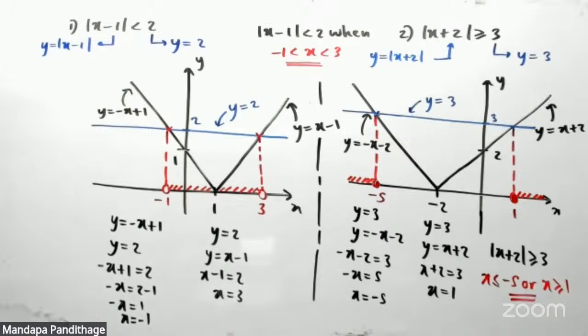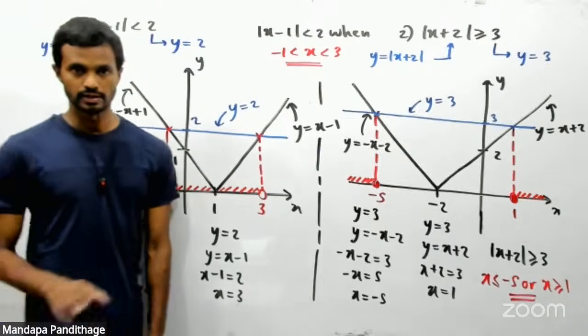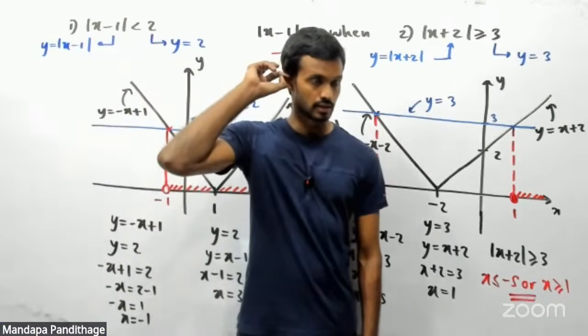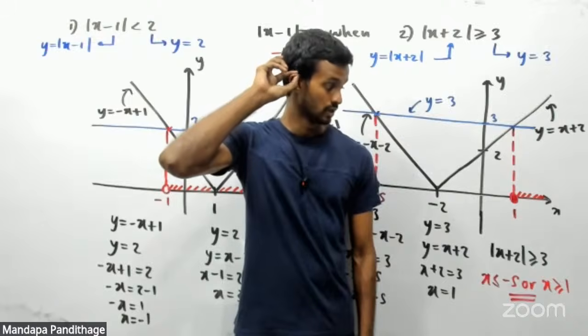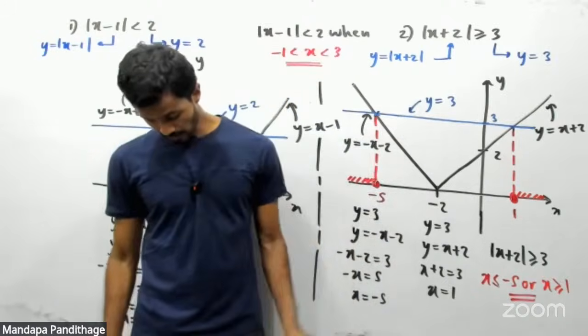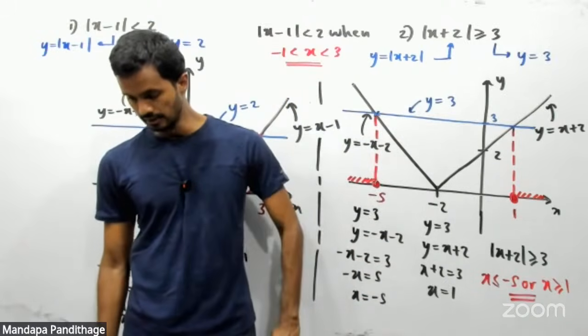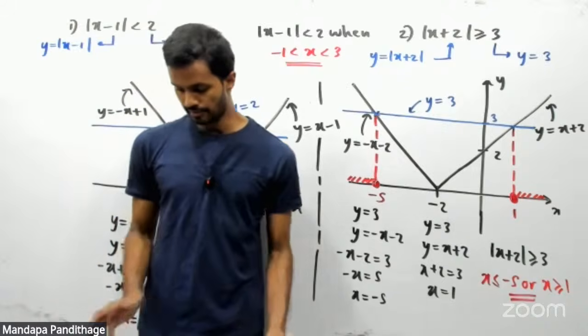Okay, then do question number 3. So that is completed, the inequality changes at the points of intersection. So question number 3, same thing, same drill.